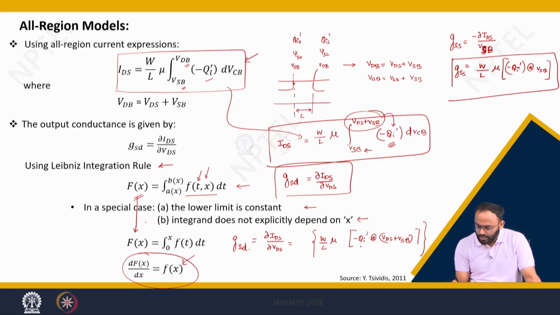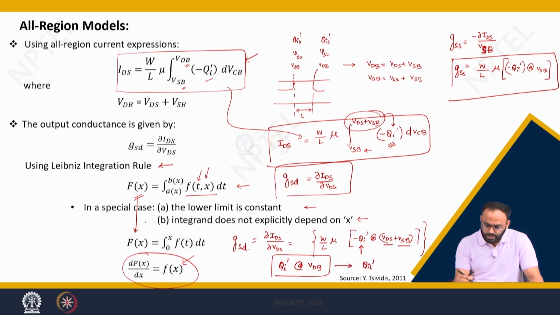Now we have well defined notations. The inversion charge measured at VDS plus VSB is nothing but the inversion charge at VDB, so this is defined as QI L dash here.